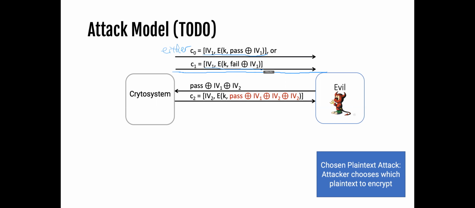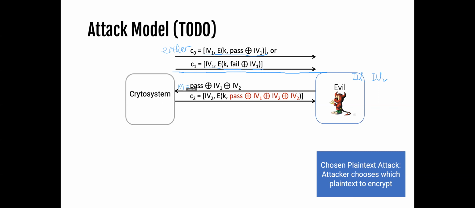Eve knows about IV1 because Eve knows about the message C0 or C1, and both contain the information regarding IV1, and Eve knows about IV2. Now, what Eve is going to do is send another message, a plain text, and ask the crypto system to encrypt it.